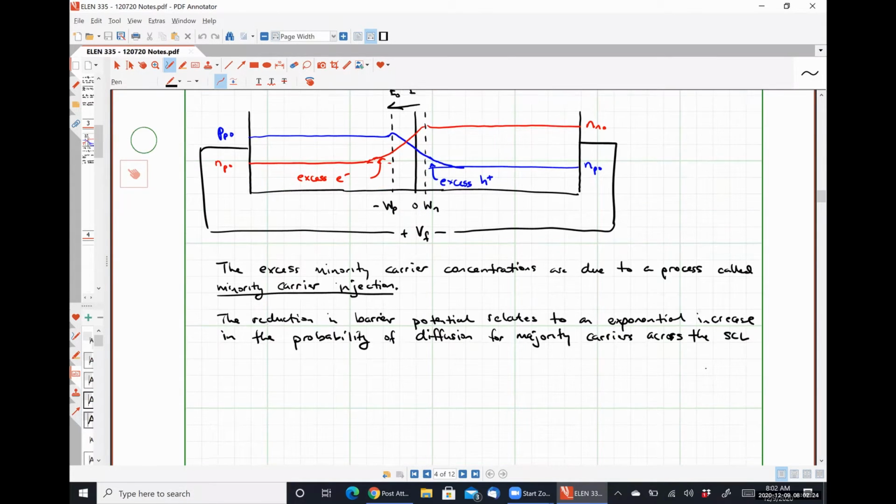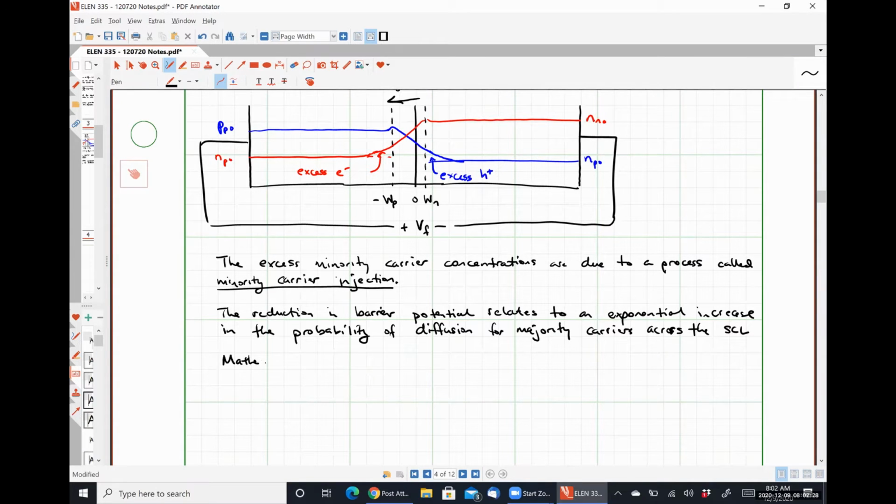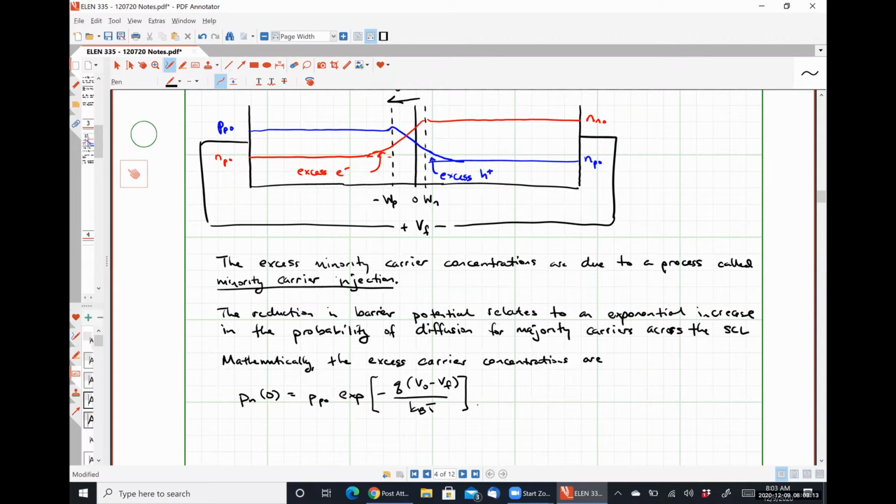So mathematically, the excess carrier concentrations are: Pn0 is equal to Pp0 times the exponential function of negative q (V0 minus VF) divided by kBT.